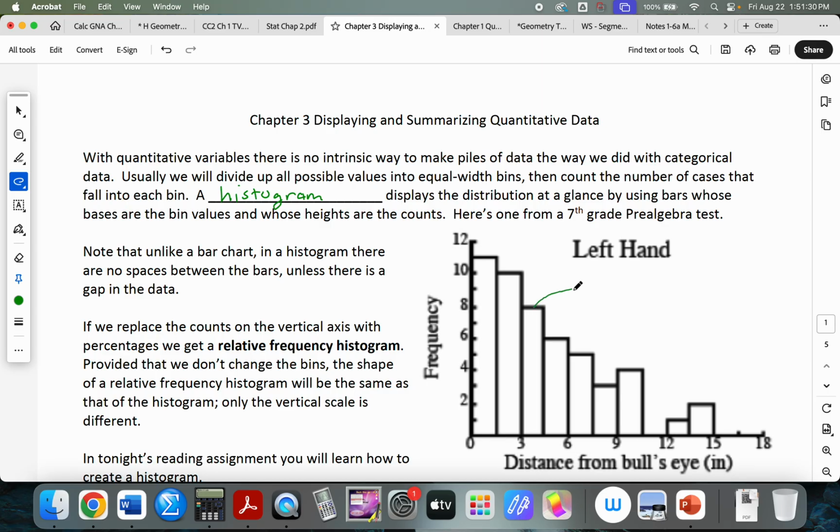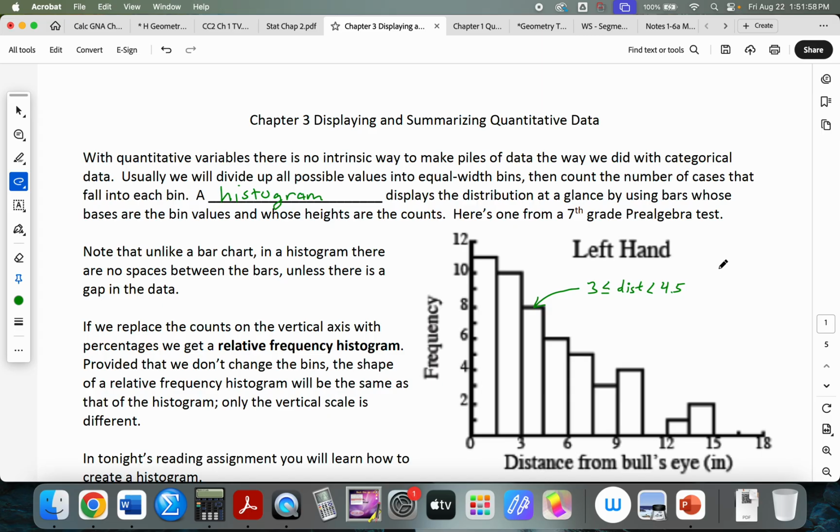So, for example, this particular bin, the distance for the bullseye is 3. It could be equal to 3, or the distance could be greater than 3, or less than halfway between 3 and 6, which is 4.5, or less than 4.5.